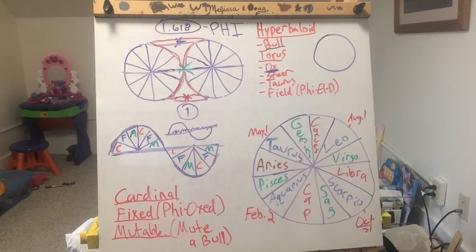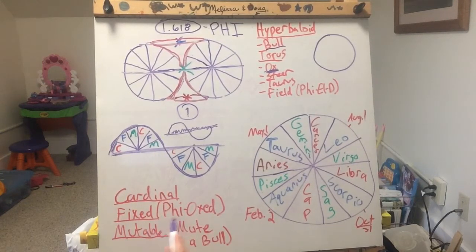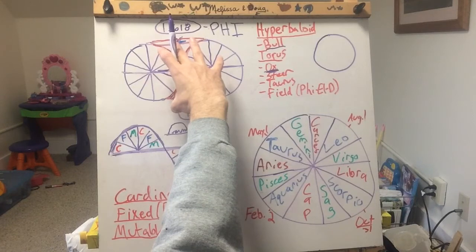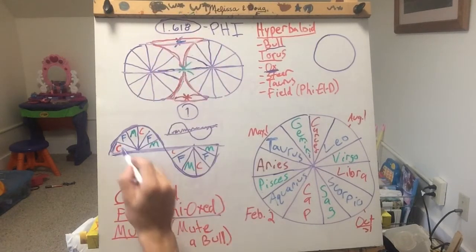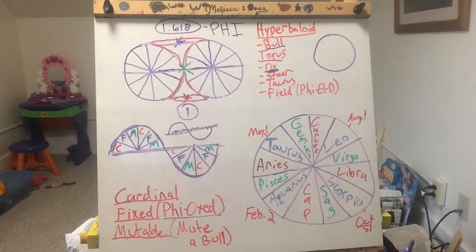And so, getting into this language, we've got cardinal signs and we've got fixed, and fixed is Phi-Oxed, because there's a Phi ratio built into every Taurus field. And there is no field until you have the fixed energy. The fixed energy is what creates the field itself.